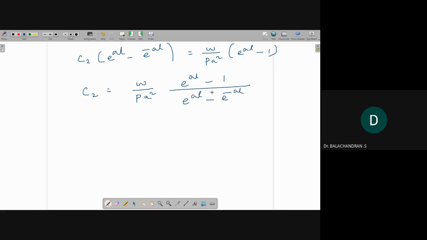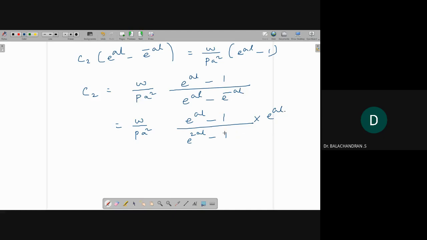So now I am going to simplify this one. We can write e power minus AL as 1 by e power AL, and then if you take LCM, you will get e power 2AL minus 1 divided by e power AL.